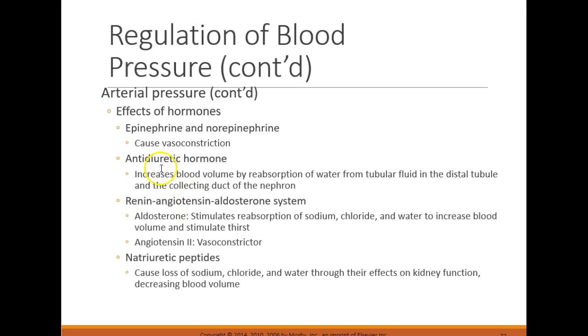The antidiuretic hormone is also fed into by the baroreceptors, so that if your blood volume looks low, you are going to start retaining more fluid in your kidneys, in the distal tubules.